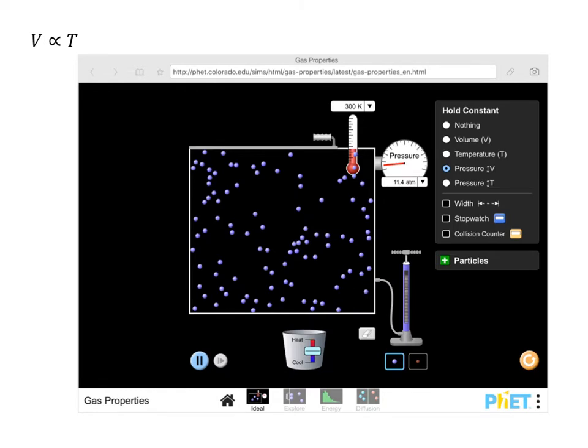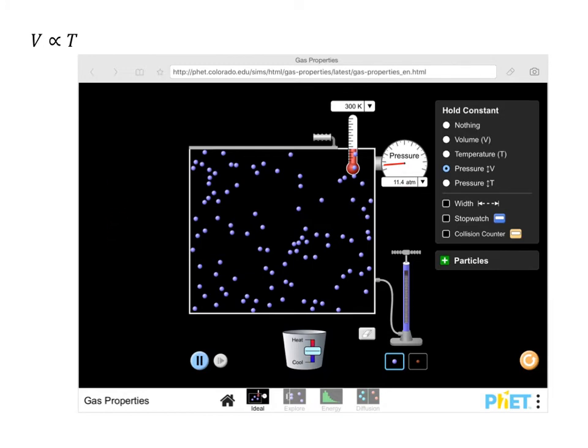Now when I heat up my sample, we can see that as the temperature increases, the volume also certainly increases. And the way we would explain this: when I increase the temperature, the kinetic energy of my molecules increases, so they're speeding up. They're striking the walls harder, and because they're moving faster, they're also striking the walls more often. So in order to keep the pressure constant, the volume has to expand.